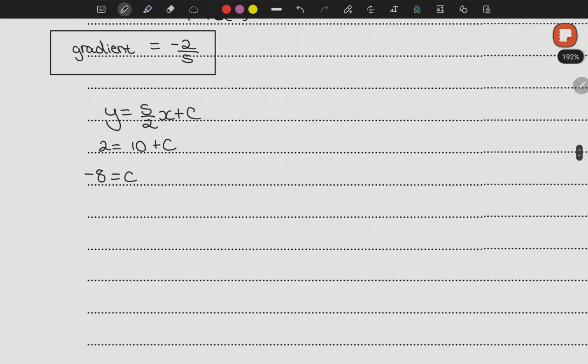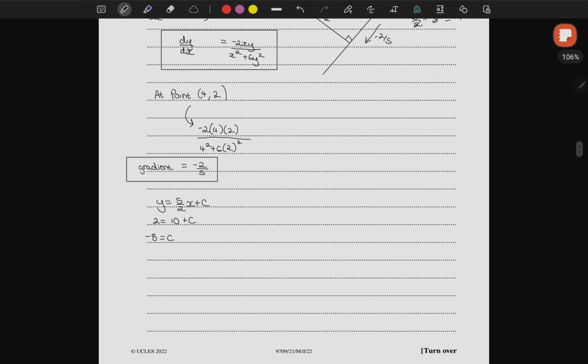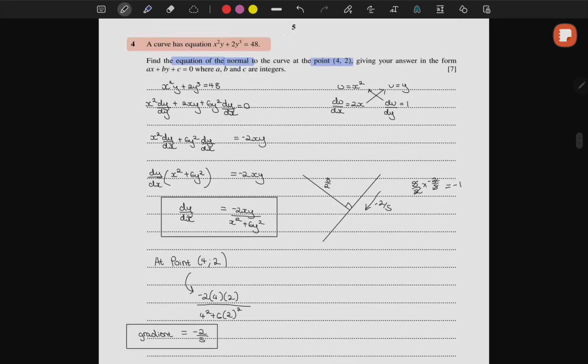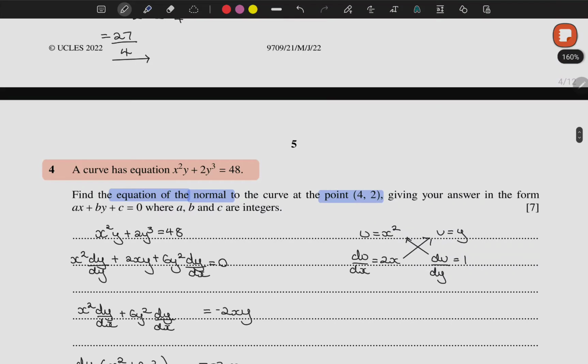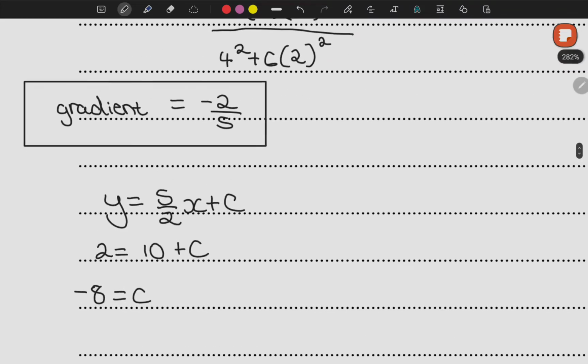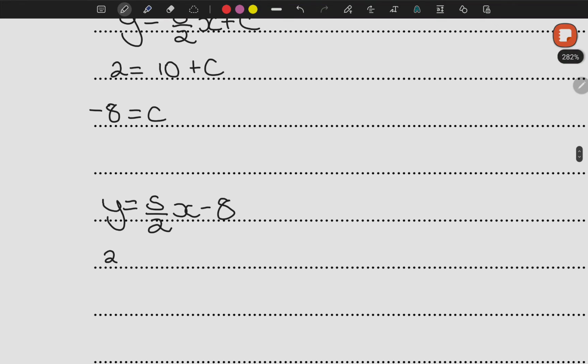Okay, so that means our equation is y is equal to 5 over 2 x minus 8. But then they say they want it in the form ax plus by plus c, where a, b, and c are integers. So let me just multiply everything by 2.